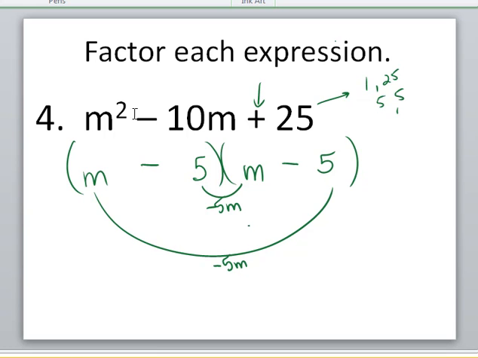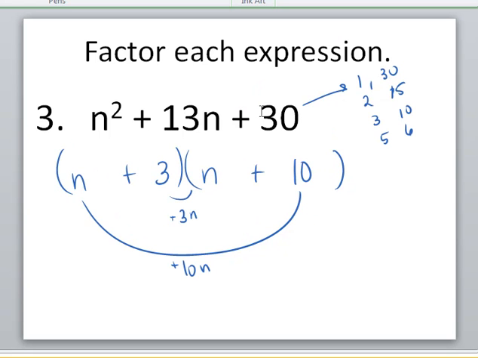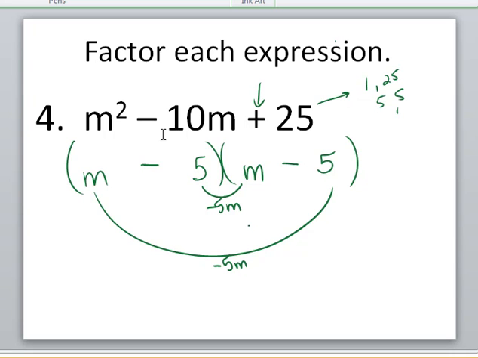How do you know which one? Well, that comes from this sign right here. On this one, since the last part was positive, I knew it had to be a positive, or a negative, but it ended up being a positive because I had a plus sign, or I needed a positive 13. Where this one, I needed a negative 10, so I knew I needed a negative, so I could get a positive product, but a negative sum. We can talk about that more.